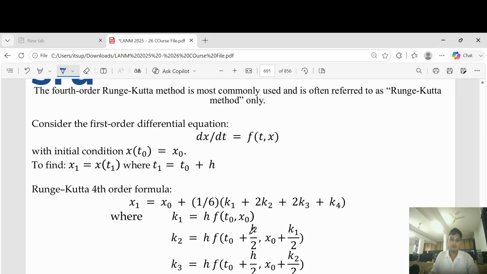So, what is the basic algorithm for the Runge Kutta fourth order method? Suppose dy by dx is equal to f of x comma y.